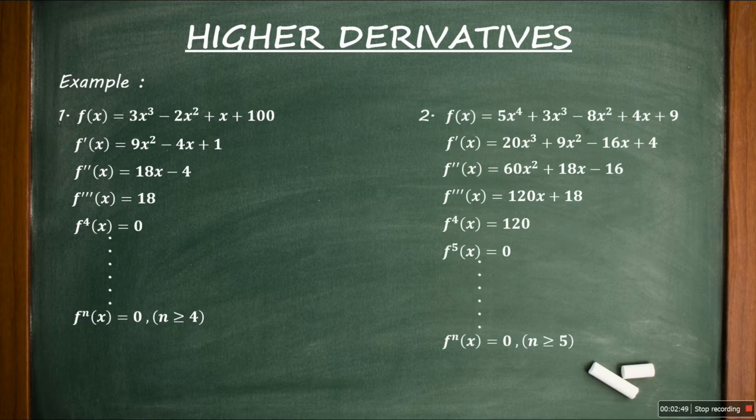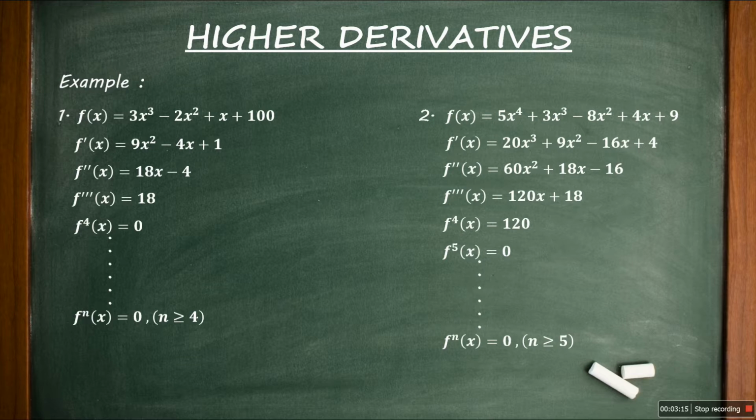For the second example, f(x) equal to 5x to the power 4 plus 3x cubed minus 8x squared plus 4x plus 9. The first derivative we will get is 20x cubed plus 9x squared minus 16x plus 4. The second derivative is 60x squared plus 18x minus 16.